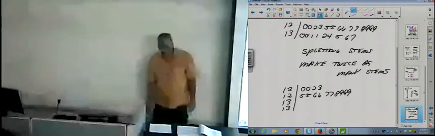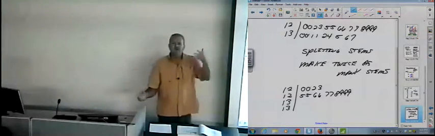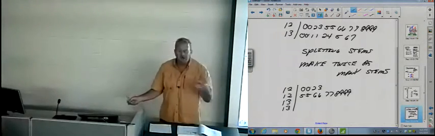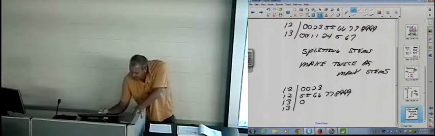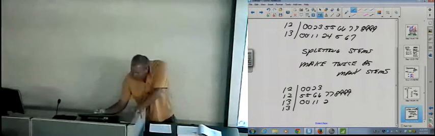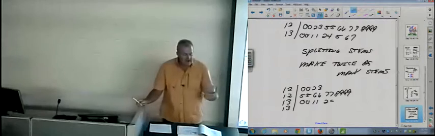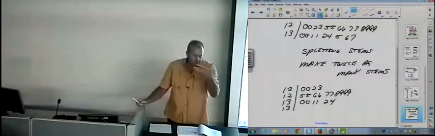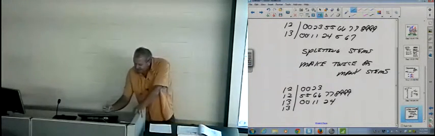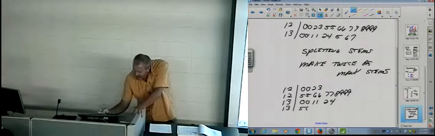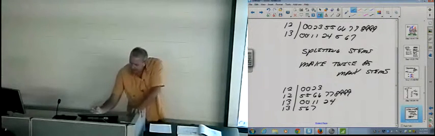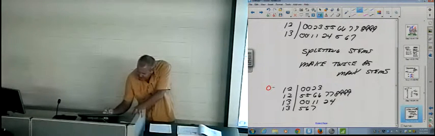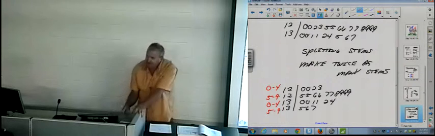That first 13, you take all the leaves on the original 13 that are the digits 0 through 4. On the second 13, you take all the original leaves on the stem of 13 that are 5 through 9. Okay, so this was 0 through 4. That's 5 through 9. That one was also 0 through 4. The second one gets 5 through 9.